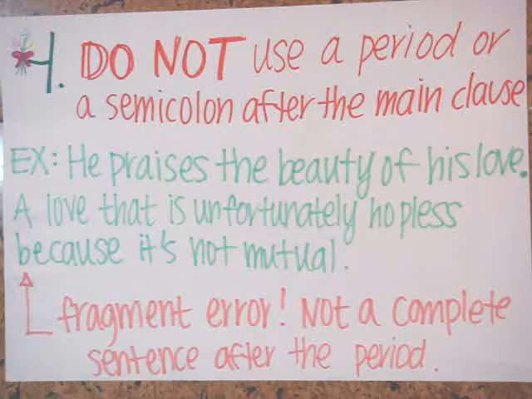He praises the beauty of his love, a love that is unfortunately hopeless because it is not mutual. After a period, there has to be a complete sentence, but a love that is unfortunately hopeless because it's not mutual is not a complete sentence. So it becomes a fragment error. For this sentence to be right, it has to be, he praises the beauty of his love, a love unfortunately hopeless because it is not mutual.